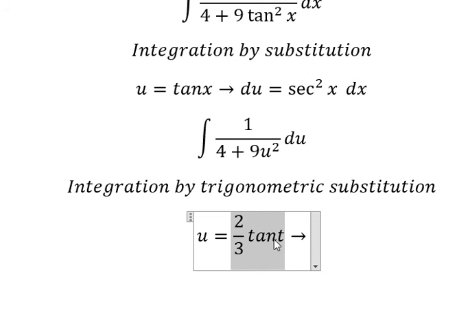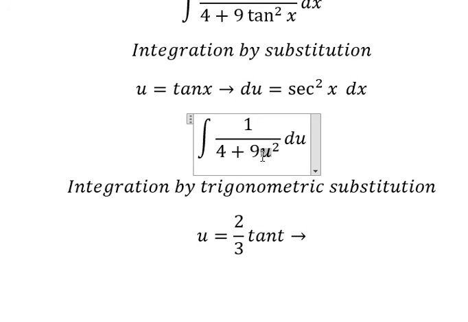Because if I put this one in here, you get 4 over 9 tan t squared. Number 9, we cancel. Number 4, we can do factorization. 1 plus tan t squared, we change to secant of t squared, and later we simplify by du.